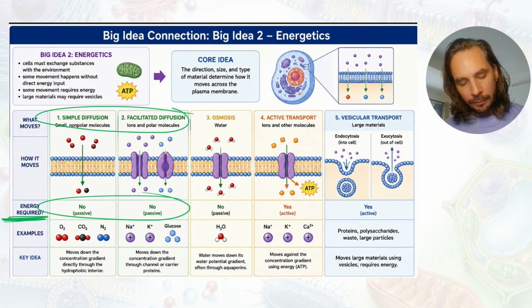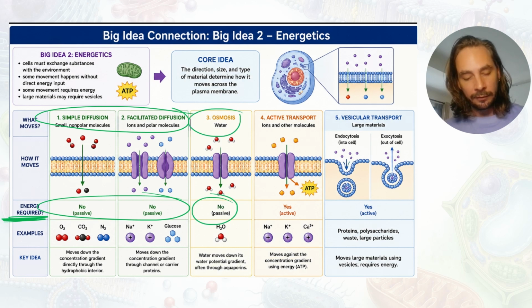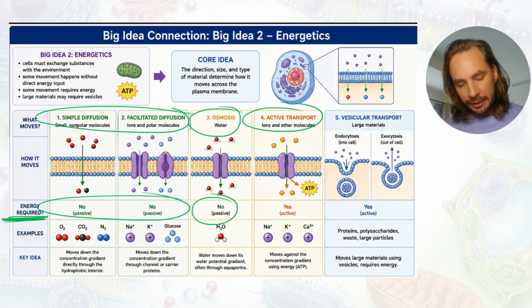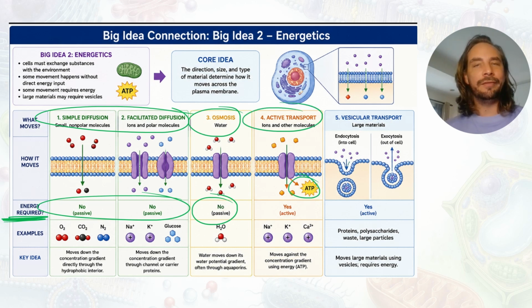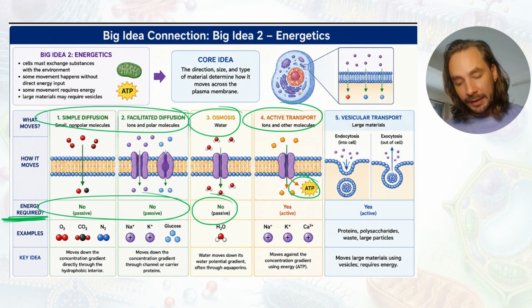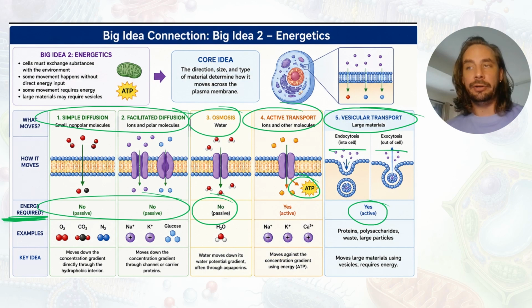Osmosis, for example, is the movement of water, and it also requires no energy. Active transport requires energy in the form of ATP. And vesicular transport, endo and exocytosis, also requires energy.